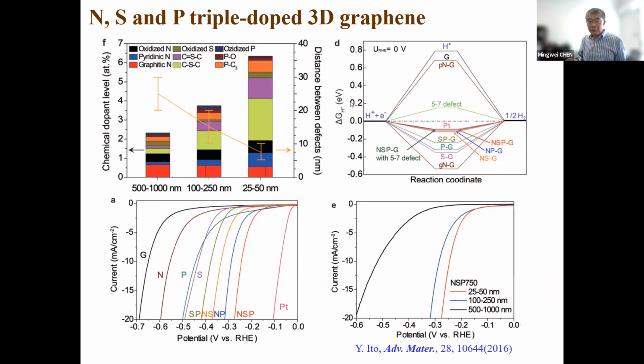The simple reason is that this doping can decrease the hydrogen adsorption activation energy, making the values pretty close to the best noble metal, the Pt catalyst. So with this small curvature, the optimized chemical doping configuration, and increased doping concentration, we can make this metal-free catalyst with performance pretty close to the noble metal Pt, right?